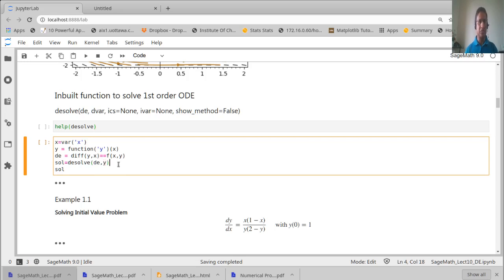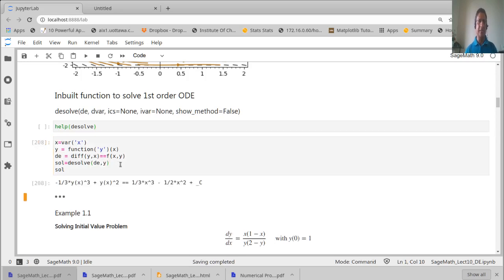Okay, now let us solve this and see what is the solution we are getting. So the solution is minus 1 by 3 y cube plus y square is equal to 1 by 3 x cube minus half x square plus a constant c. Here you should also notice that instead of c, it is saying underscore c. Okay, this is again a variable. This is just to distinguish the variable that the user would have defined from the variable that is coming from the inbuilt functions.